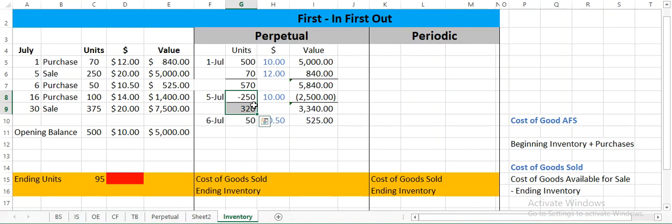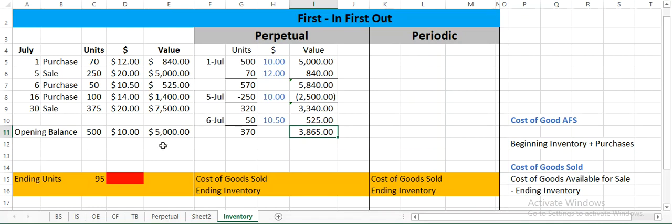Let's just take this here and total that up now for the new balance. We now have 370 units, and the total of those unit values is 3,865.